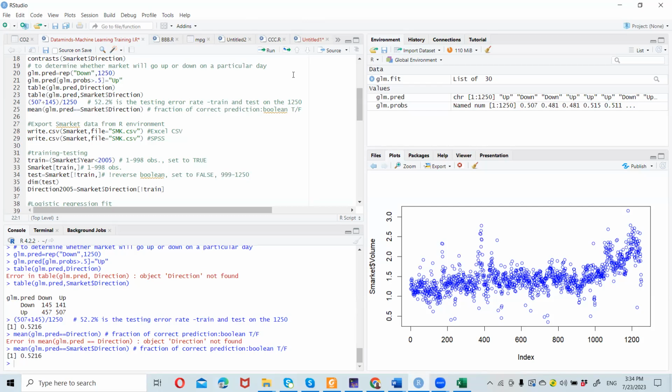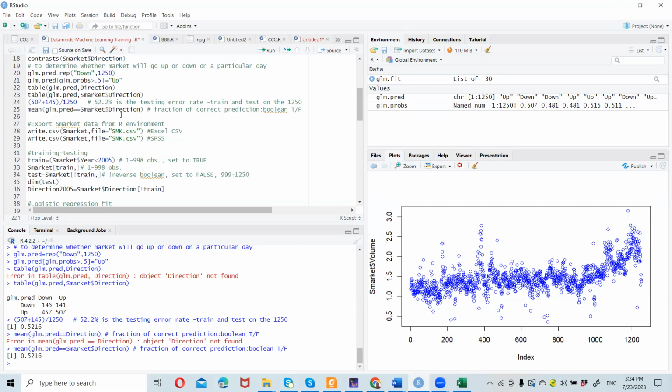As Dr. Soya just said, the error rate is the false positive and false negative over the entire thing. We have 52.2%, which is not a good rate. So we further need to look for other measures to have better testing error rates.